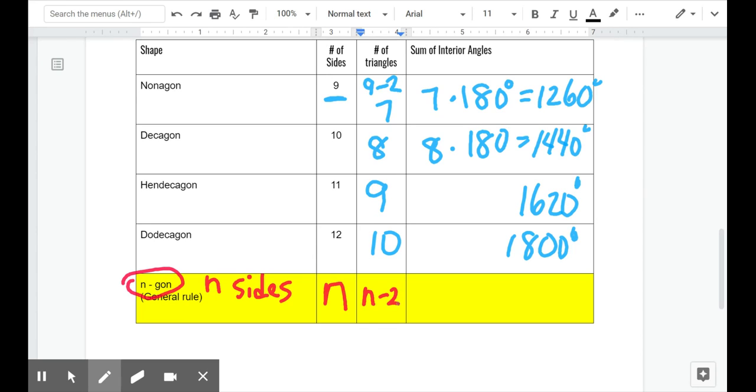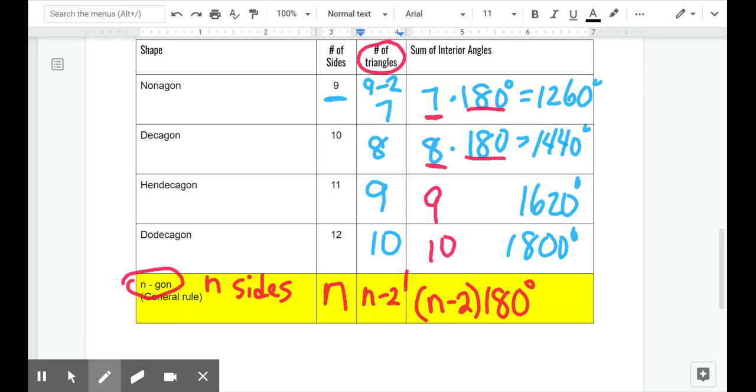Now, this number right here that I multiply by is the number of triangles, right? So this number is n minus 2. Now, because it's a binomial, two parts here with a minus in the middle, I'm going to put parentheses around it. Now, what are we multiplying that by? Well, every single time we are multiplying by 180.